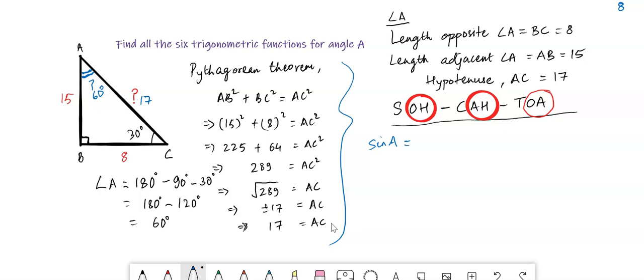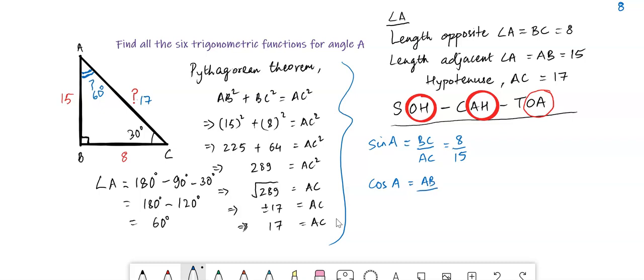Sine of angle A is opposite over hypotenuse, which is opposite is BC here over hypotenuse is AC, and that's going to be 8 over 15. Similarly, cos of angle A is going to be adjacent over hypotenuse.